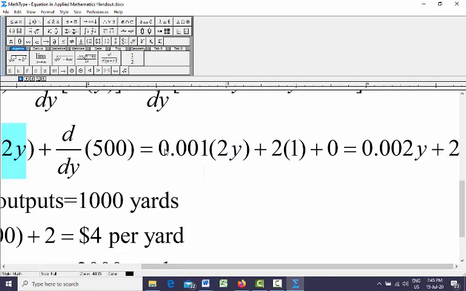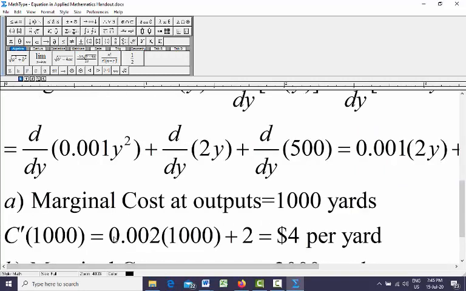So this is the slope function, or marginal cost function.